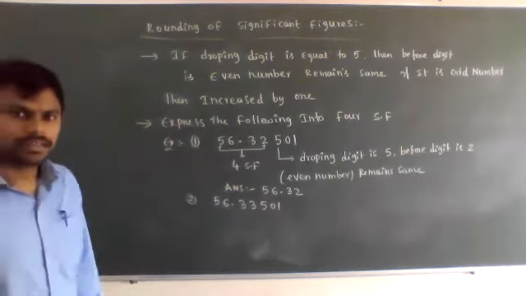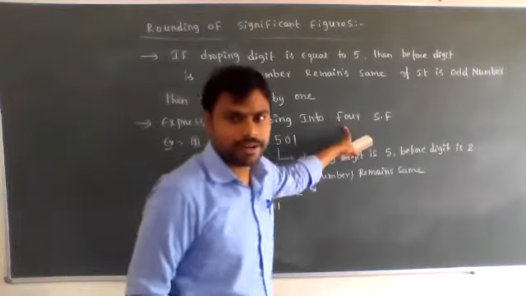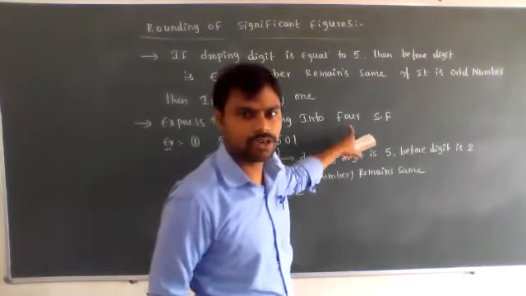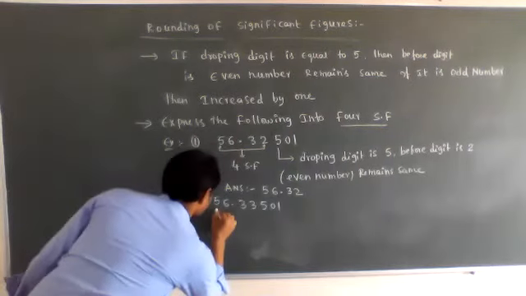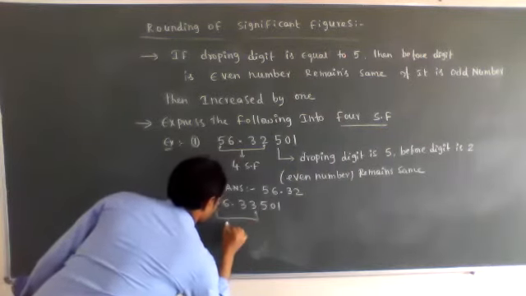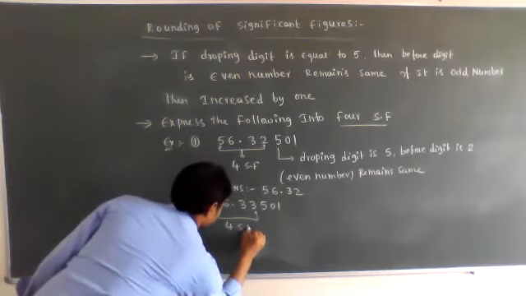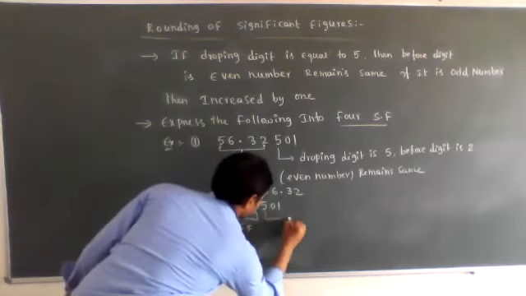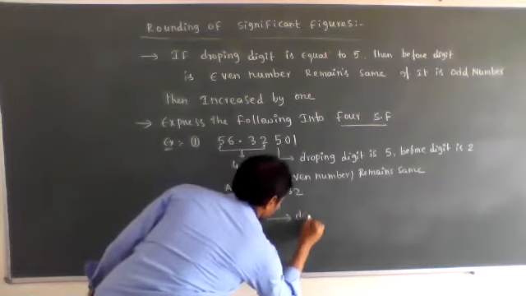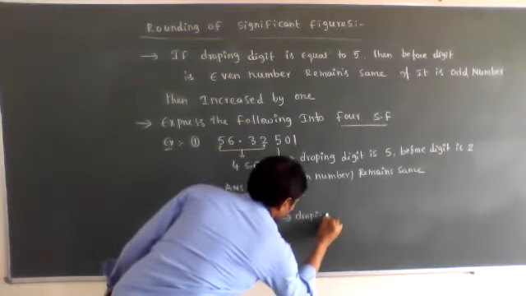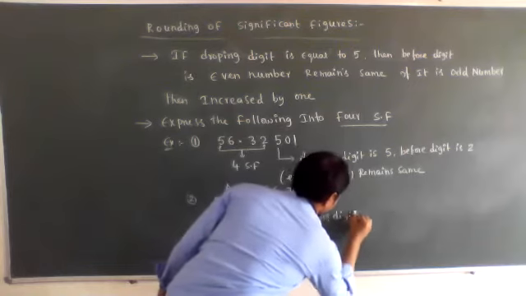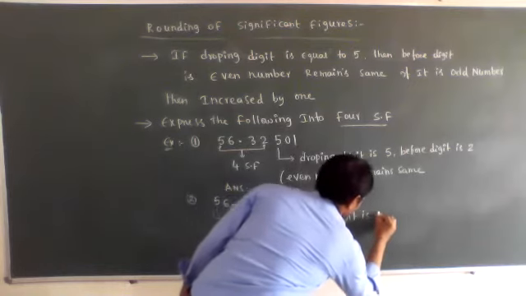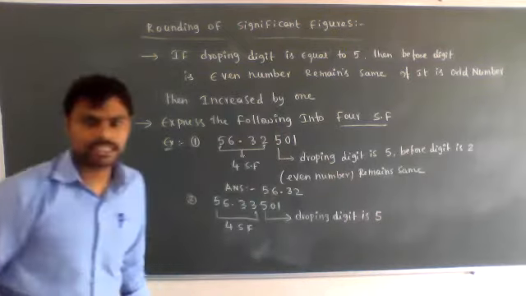56.33501. Here also we need to round off the resultant value to 4 significant figures. The dropping digit is 5.